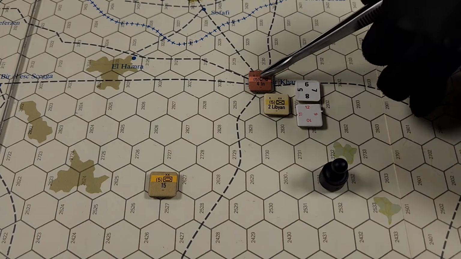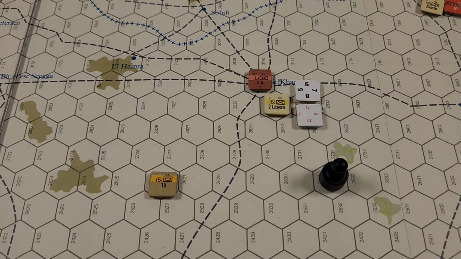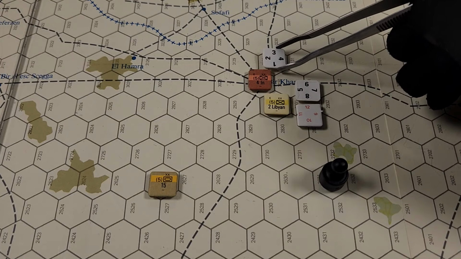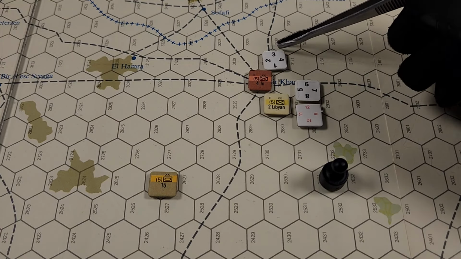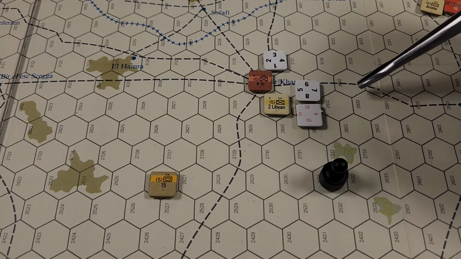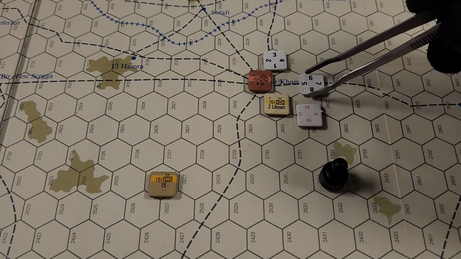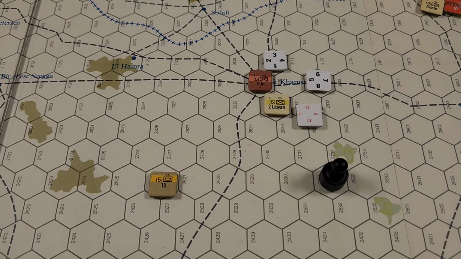Yes, the 4th Indian is going to put everyone in forward position. So they're going to use their artillery. So let's pay. They're going to spend 3 CP to start doing their combat since they're using artillery. We're going to go from 6 to 11.